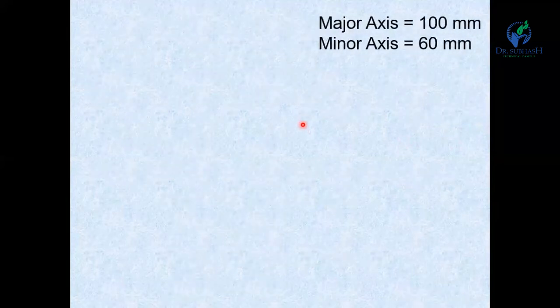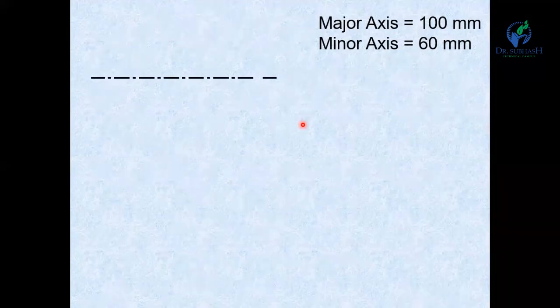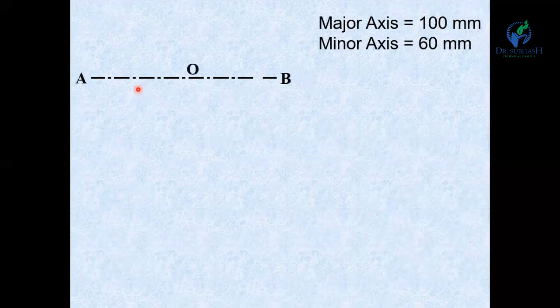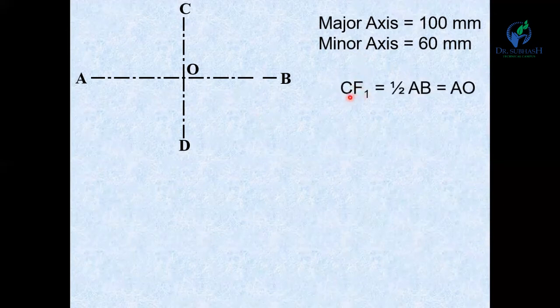Now, say one example: major axis is 100 mm, minor axis is 60 mm. So major axis AB is 100 mm, and CD is 60 mm. As per the definition, CF1 is equal to one half AB, which is equal to AO.